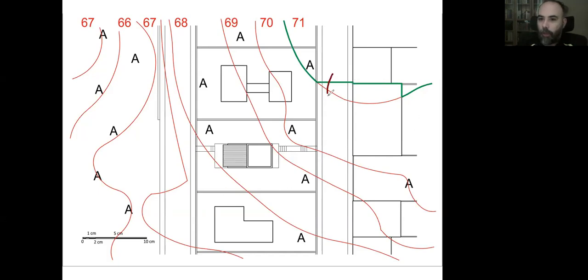So here I made a revision, and when I pass to the other side of the street, I find there are two buildings, and since this contour line overpasses a building, it's wrong. I need to either follow the upper edge or the bottom edge of this building. Since it's closer to the upper edge, the north edge, I choose that one, and I follow the building edge and go downwards. And again, this is a garden area. In the garden, I just follow the red one, and this is the first revision.